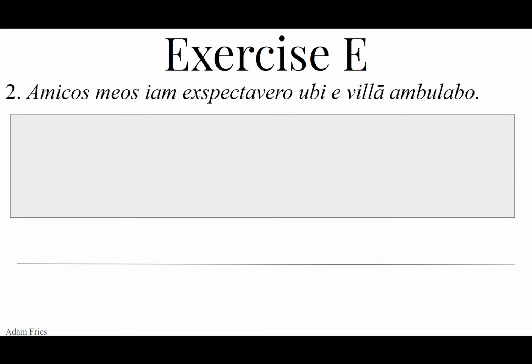So ablative of separation, out of the farmhouse. Ambulabo, first person singular, future of ambulo, ambulare, ambulavi, ambulatus, to walk. So how about when out of the farmhouse, moving out of the farmhouse, ablative of separation, I will walk, when I will walk out of the farmhouse.